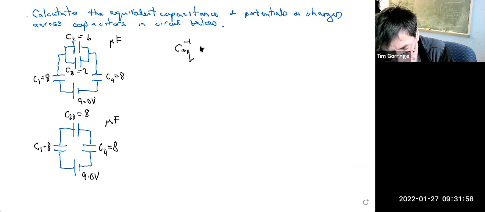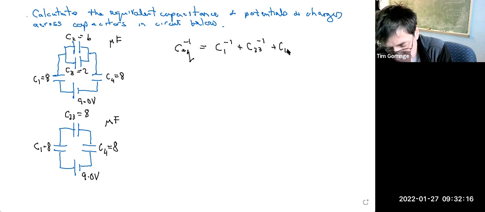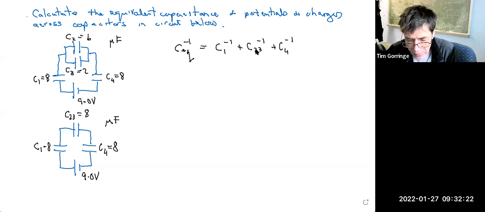C equivalent is my equivalent capacitance. And I'm thinking about the reciprocal of it here, the inverse of it here. And that's simply equal to the sum of the reciprocals of the individual capacitors. So C1, C23, and C4. Well, each of those individual capacitors is 8 microfarads. So the reciprocals are each 1/8 inverse microfarads.